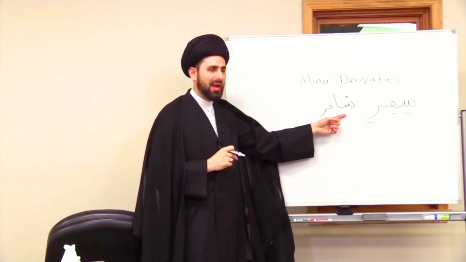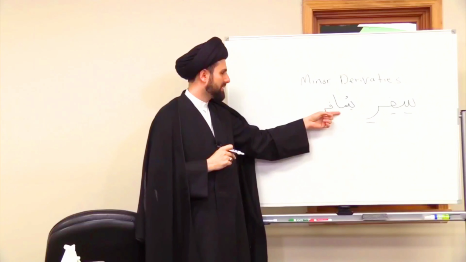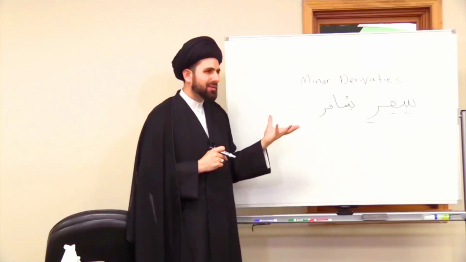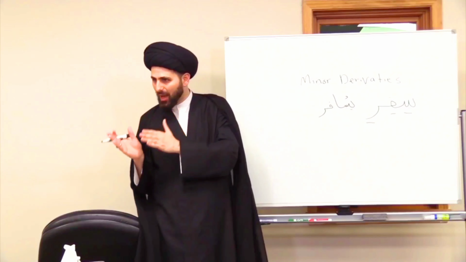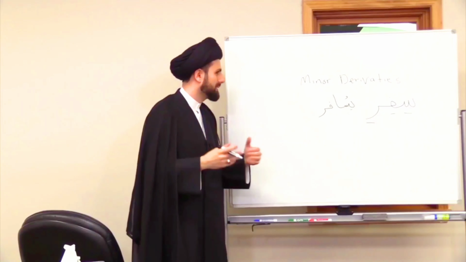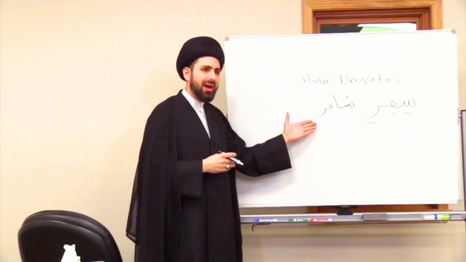You just add a vowel, two vowels, the ya and the alif, and now you give a slightly different meaning. You change it from a noun to a verb. Safar is a noun, traveling, to travel. Yusafir is someone who is traveling.